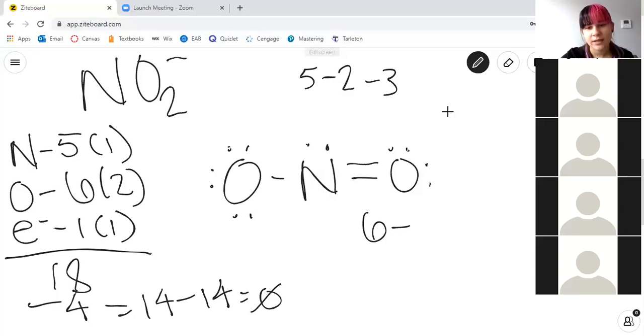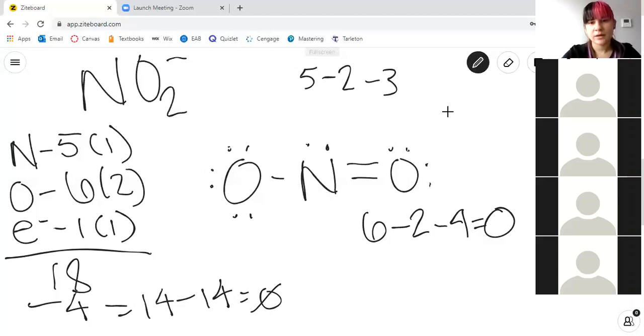So we have 1 bond here and 1 here. So we have 2 bonds attached to it. And then I look at the number of non-bonding electrons, not pairs, but the number of individual dots, which here is 1, 2, 3, 4. And then you subtract 4. 6 minus 2 is 4. 4 minus 4 is 0. Does that make sense? Okay, yeah.